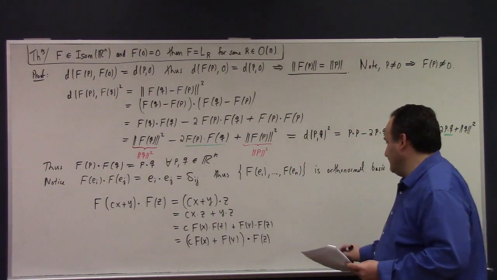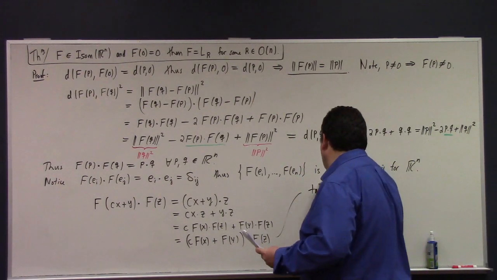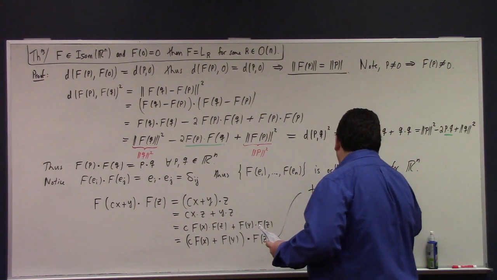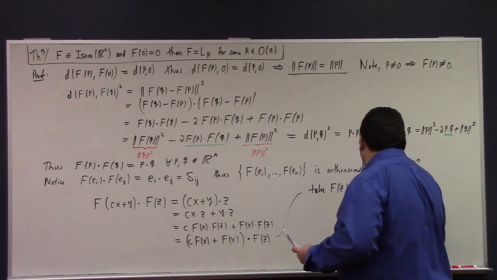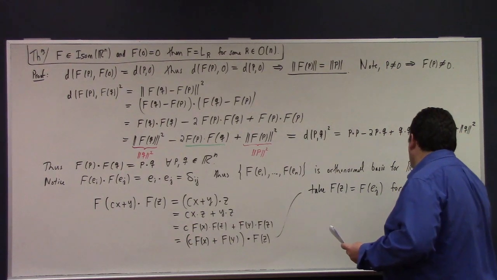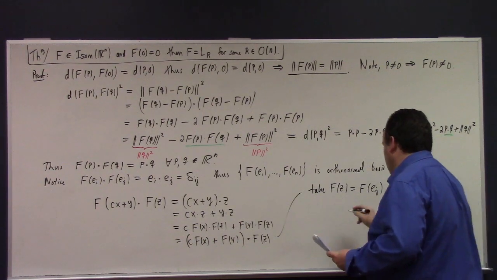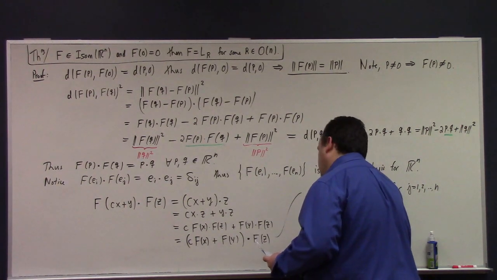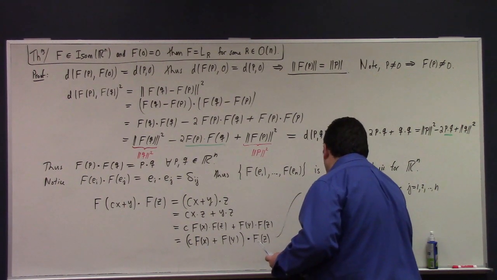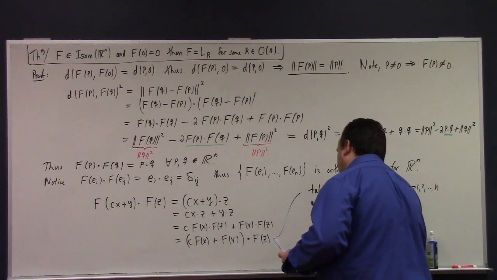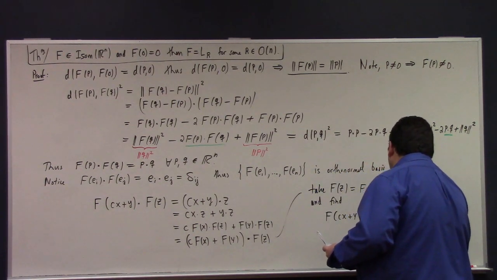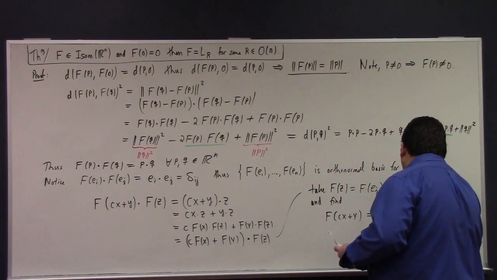Okay, so take f of z equal to f of ej for j equals 1, 2, up to n, and find that f of (cx plus y) is equal to c f of x plus f of y.